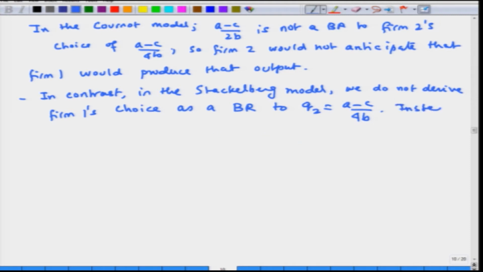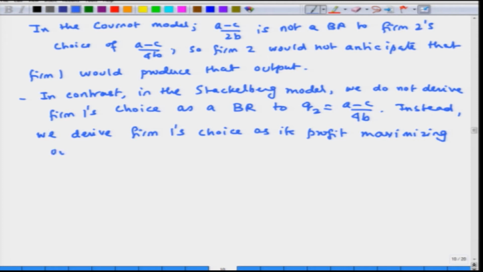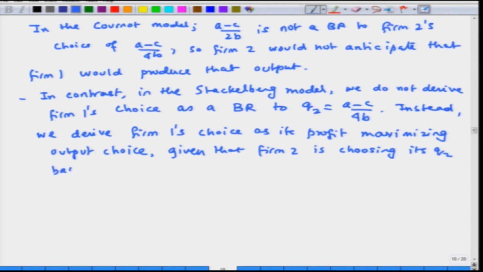Instead we derive firm 1's choice as its profit maximizing output choice, given that firm 2 is choosing its output, choosing its Q2 based on its best response function BR2, right.